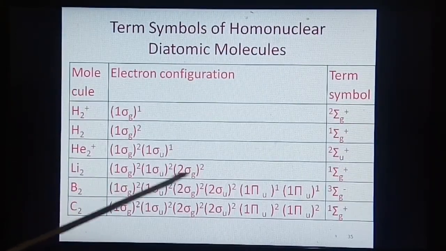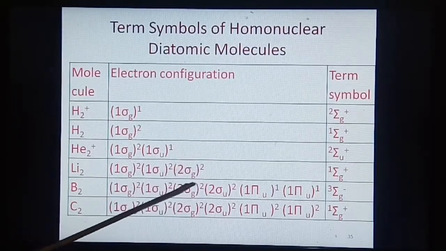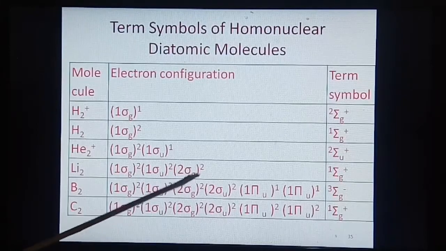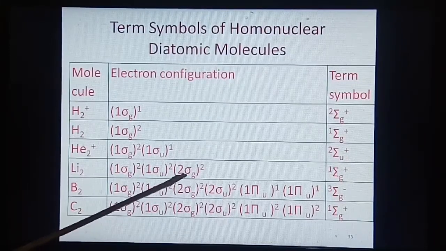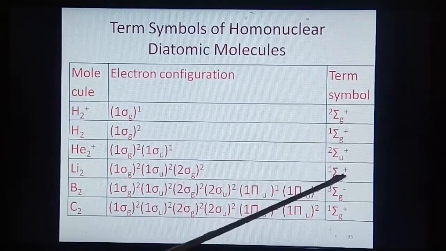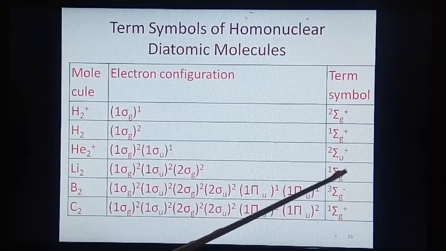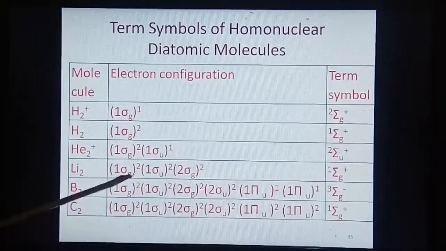For lithium, this is the electronic configuration, and this is the last configuration, 2 sigma g2. Again it is sigma, then g parity, both the electrons are paired so the spin multiplicity is 1, and the symmetry is plus.